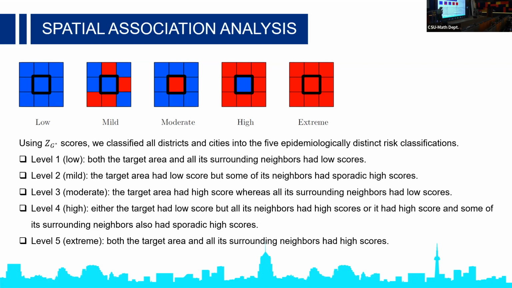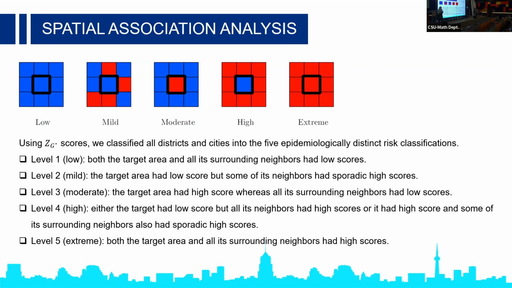And the high level, level 4, is where the target had a low score, but all its neighborhood had high scores, so its surroundings also have sporadic highs. So kind of isolation, but a very different type of condition.